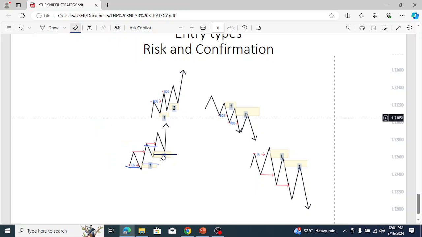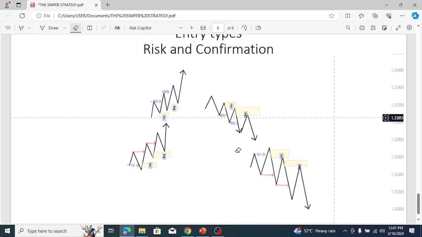So that is how you look for your entry pattern. When you see a liquidity grab and a break of structure, then you look out for this. It will show you that the trend has changed. You look for buys. This one you look for sells. The same thing here.